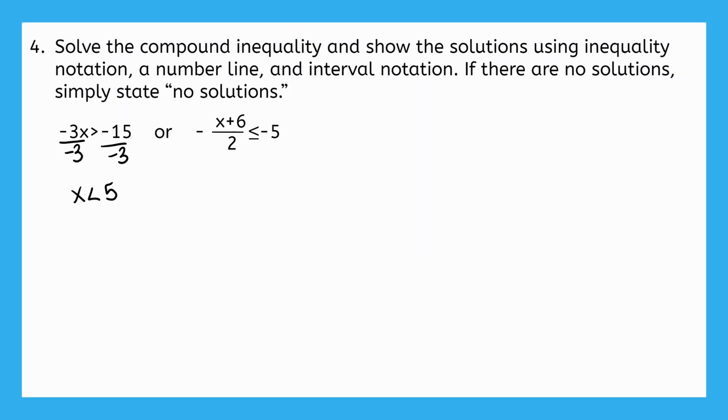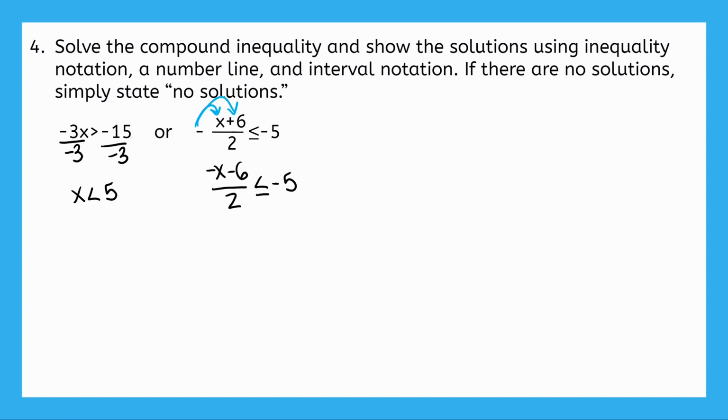But I want to look at a different approach to solving this second inequality that you didn't do with Justin. We can start by thinking about putting this negative sign in the numerator, which is going to require us to apply it to both the x and the 6. And that's going to make both of them negative.